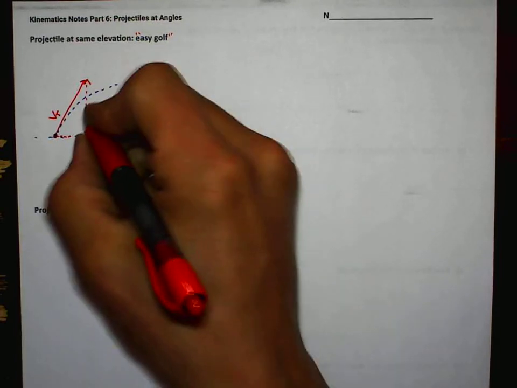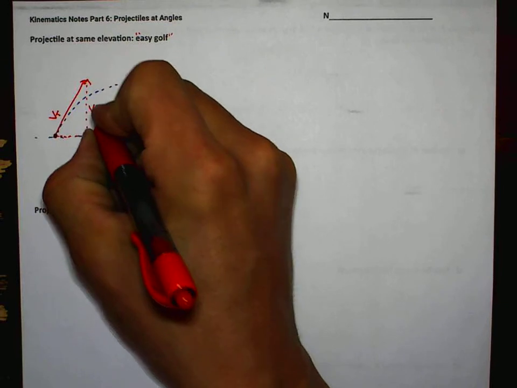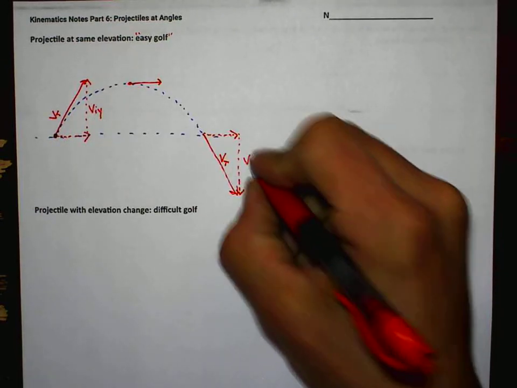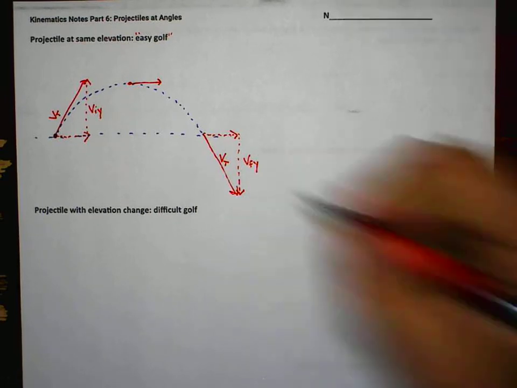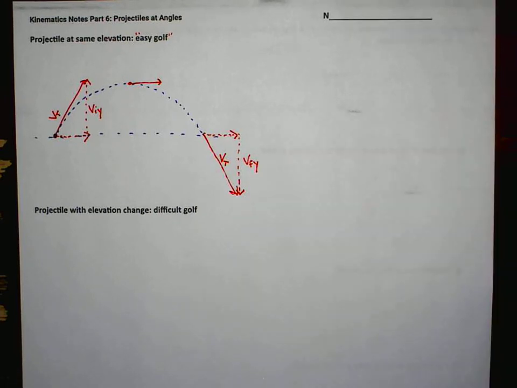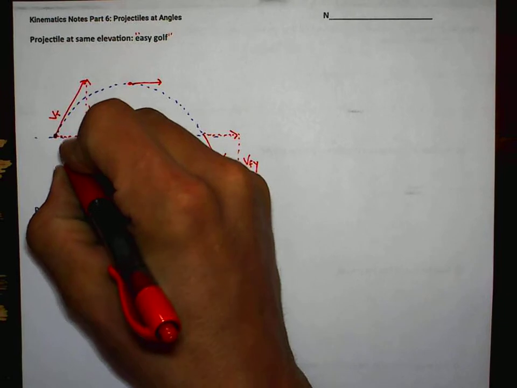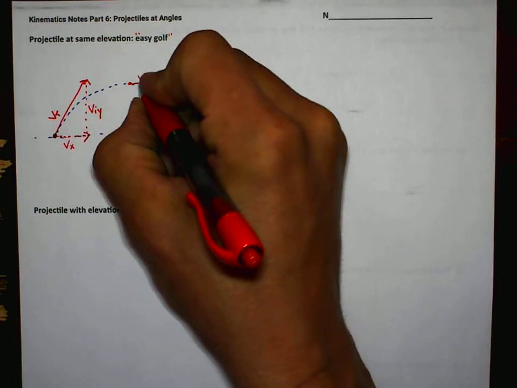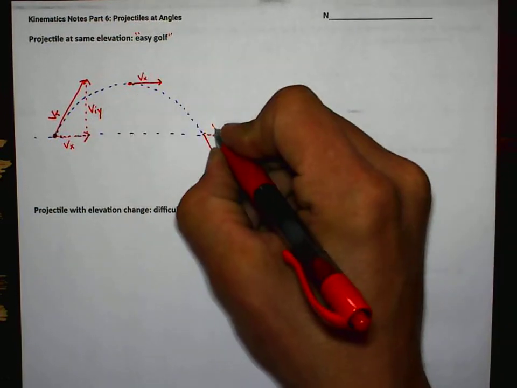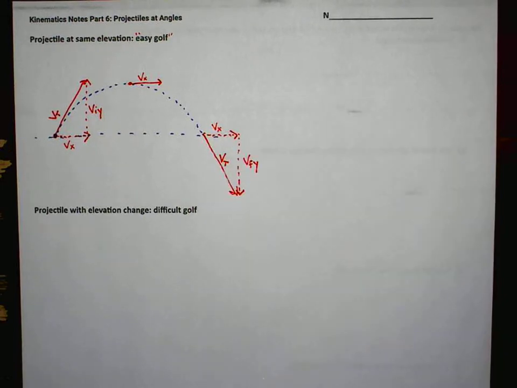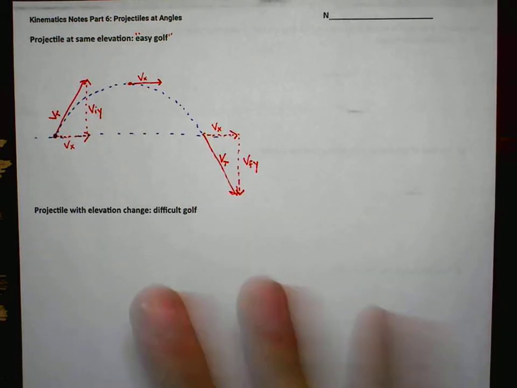And this over here is V final in the Y direction. All of these other ones are VX. Now we don't really have a problem to solve here. We're just trying to understand the physics before we do any problems.